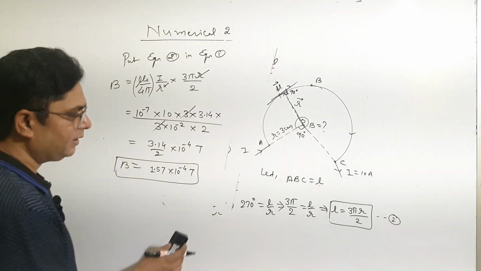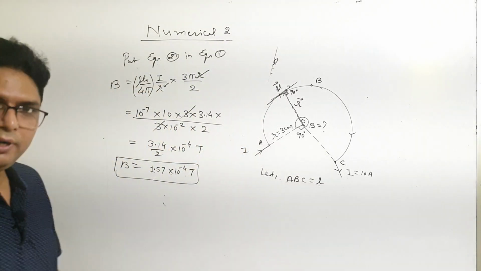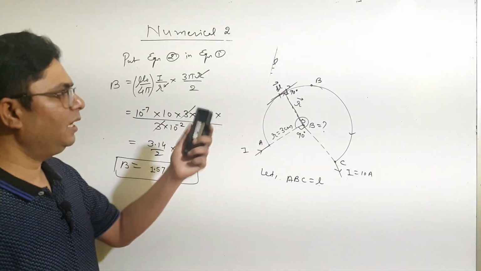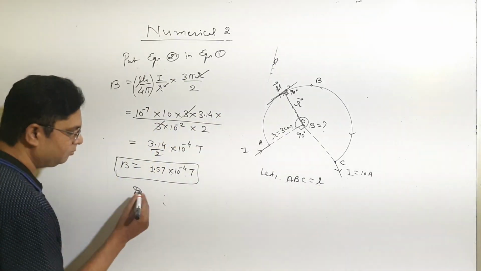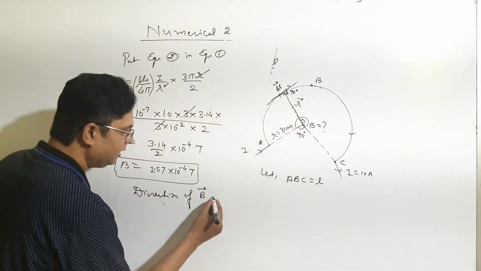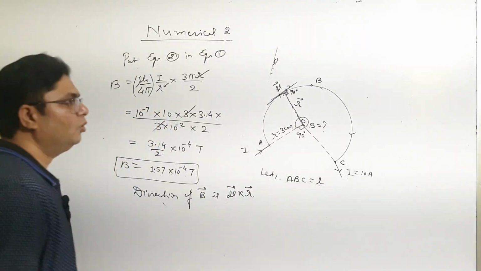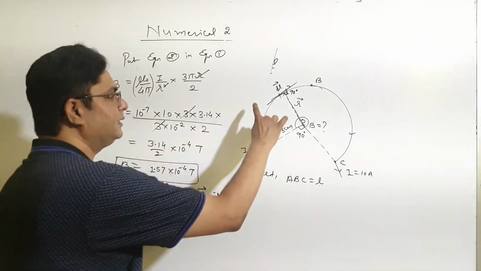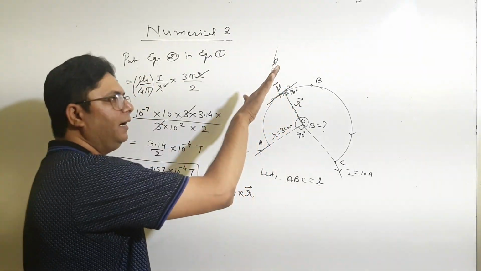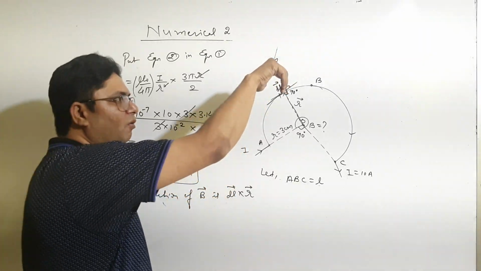Now you need to find the direction of the magnetic field. The direction of the magnetic field can be found by dl cross r. Put your hand on this dl with palm and curl your forefingers towards r. What do you find?